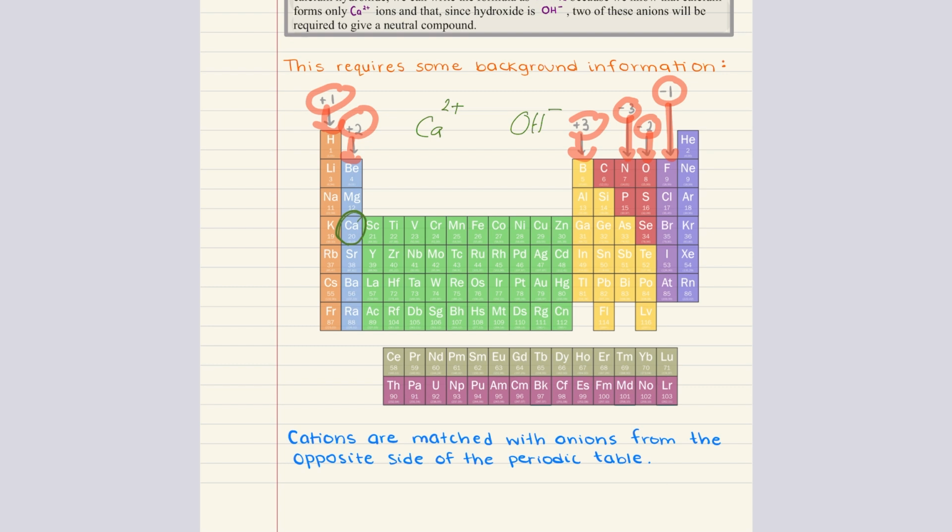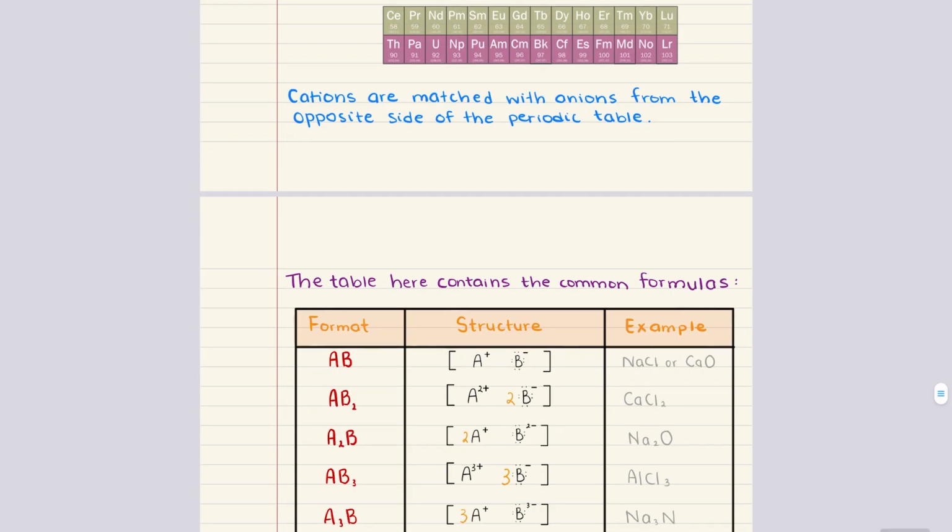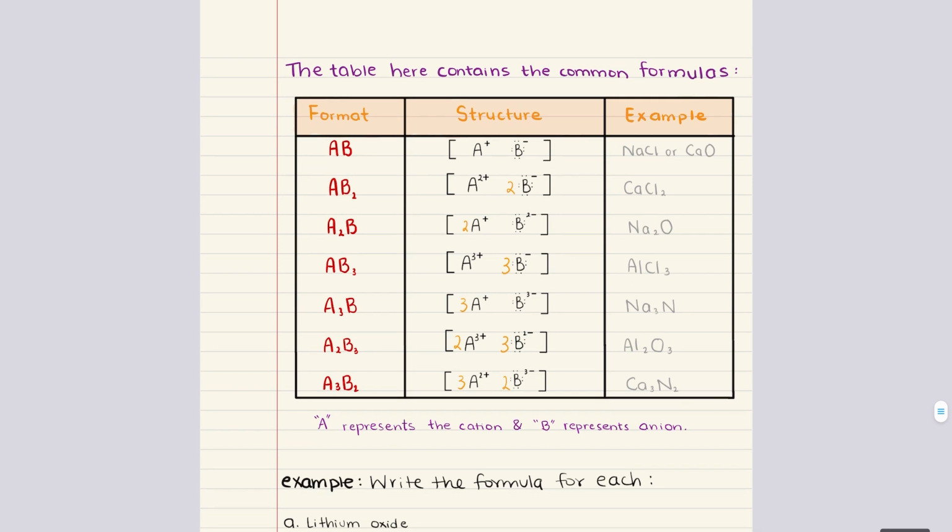Since calcium contributes +2 and each hydroxide contributes -1, we need 2 hydroxide ions to balance out the charge. So the formula for calcium hydroxide is CaOH2.